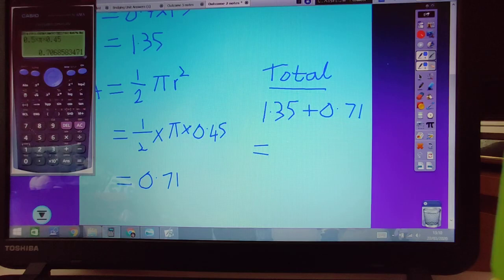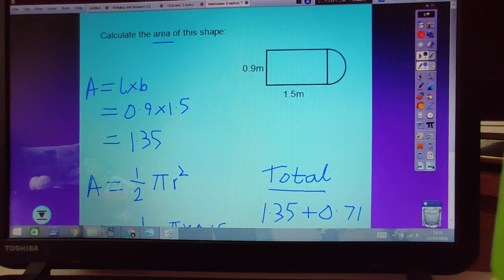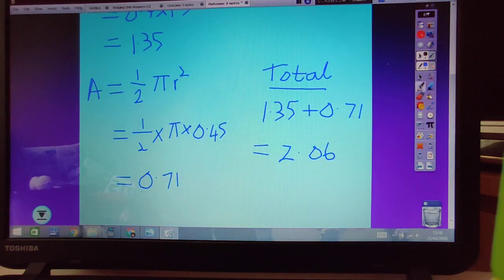So our 1.35, we add to our 0.71, giving the total area of 2.06. Again, we need units. This question is asking us to measure it in metres, but it's an area, so it would be metres squared.